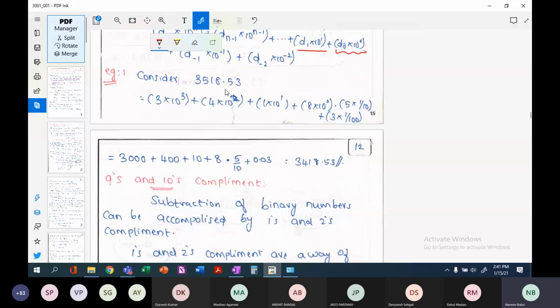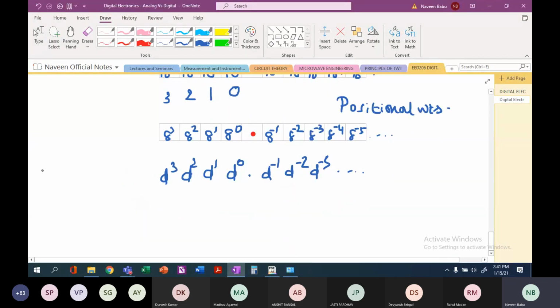So let us take a simple example here. It is 3518.53. How do I represent this in terms of decimal positional weights? It is 3 multiplied by, what is the base? The base is 10. And the position of this is 3.